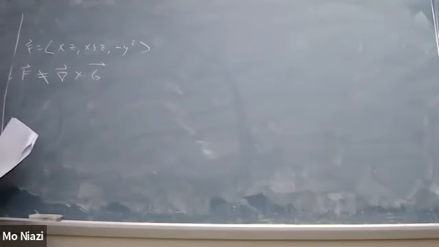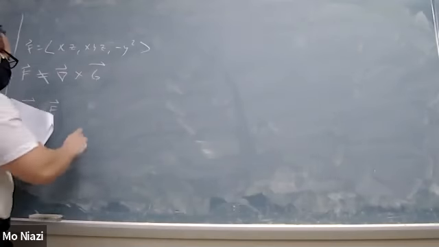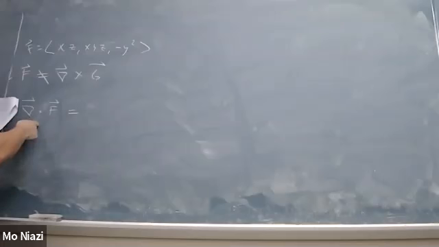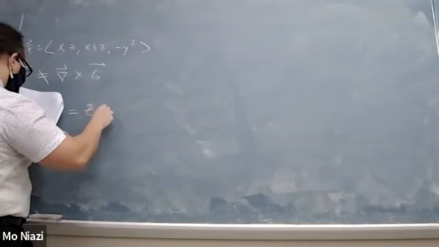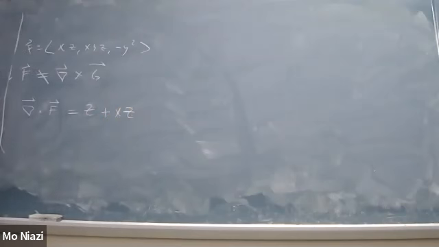Okay? So we do so by saying, well, when we took the divergence, this is the divergence of our vector field F, we got Z plus XZ. And this is non-zero.